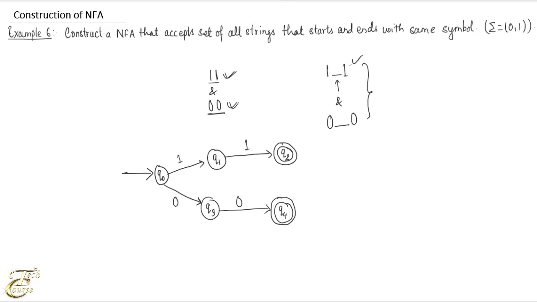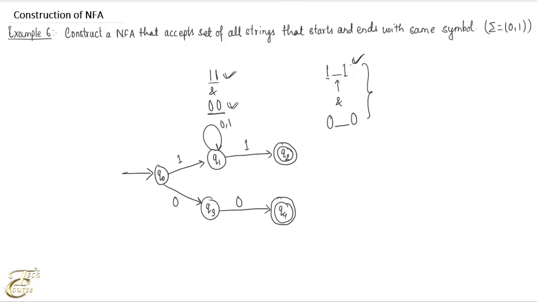Now representing this structure, here this one is represented by this transition and this one is represented by this transition. Now whatever the symbols come between these two 1s should be accepted, hence the symbols are consumed in Q1 state, that is 0, 1.